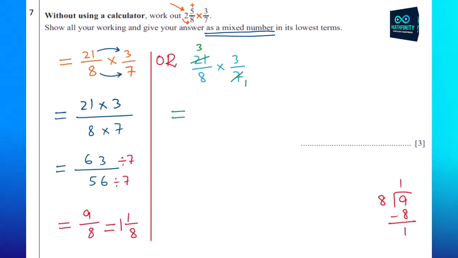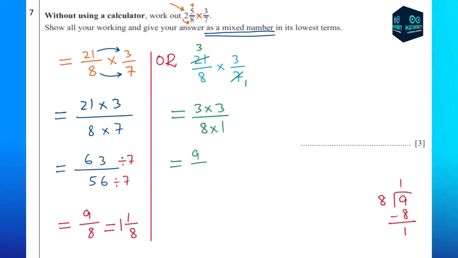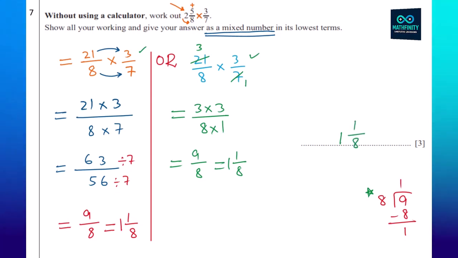Then just multiply this 3 times 3, numerator with numerator and denominator with denominator. So what is the answer? 9 over 8, and the same answer you will get. 1 whole, 1 over 8. So use this method or this method, your answer should be the same. This answer you have to write here, 1 whole 1 over 8. Hopefully guys you understand how to solve if the multiplication sign is between the two fractions.